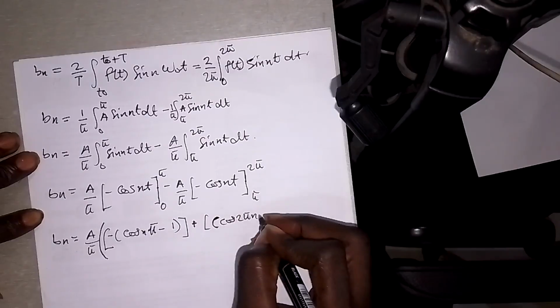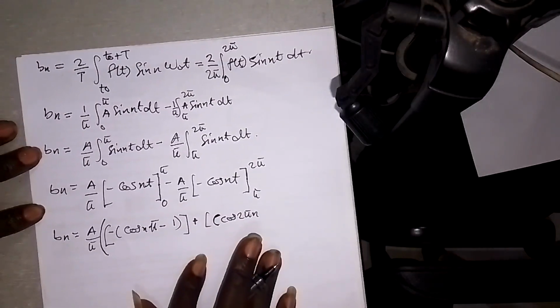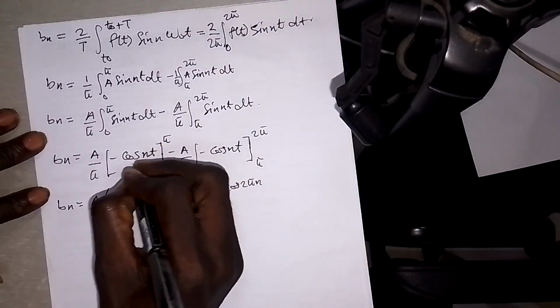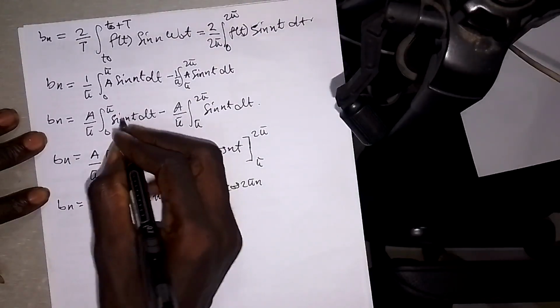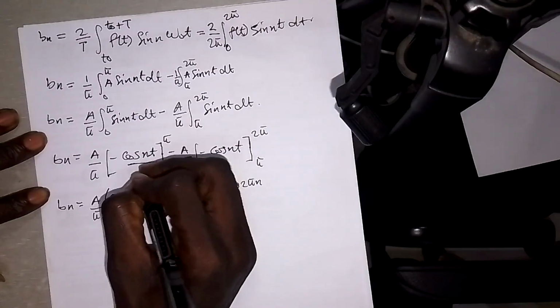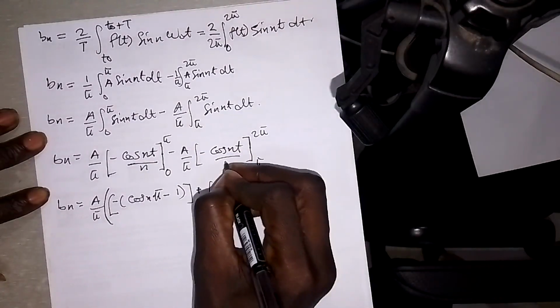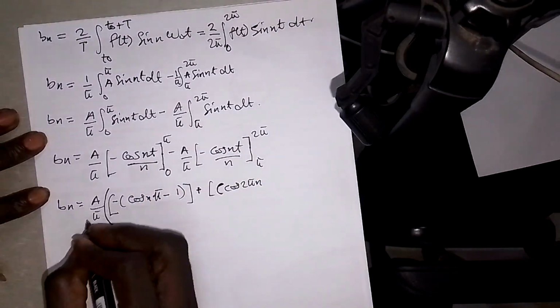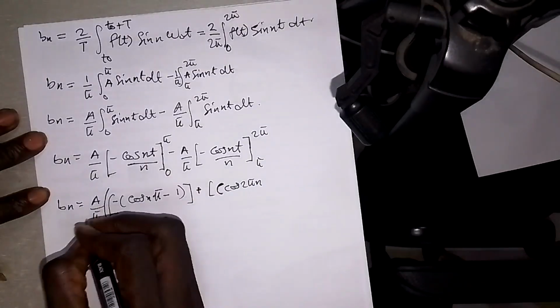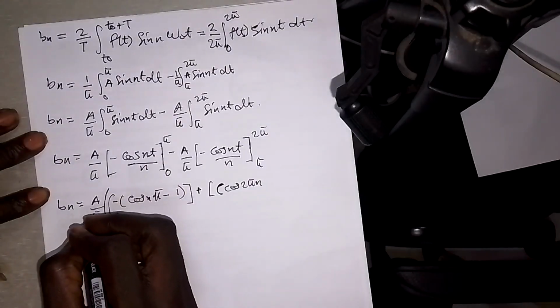2 pi n. Okay, sorry, I have to tell you something. Whenever you integrate sine nt, you get minus cos nt over n. So here also my over what? N. So I can bring N out here like this.